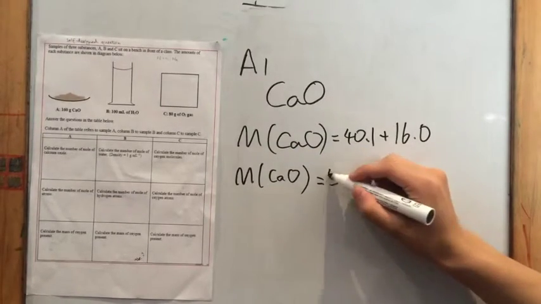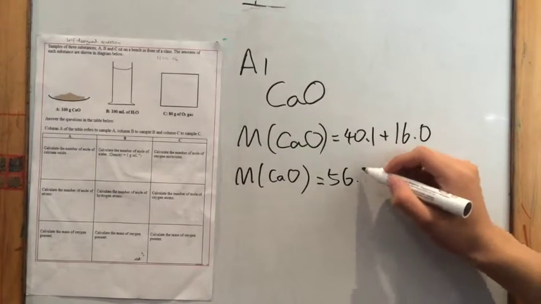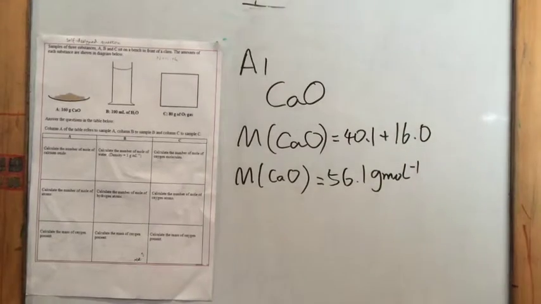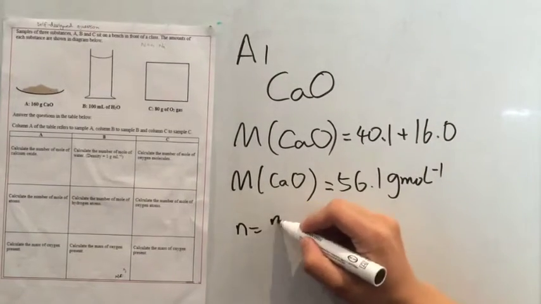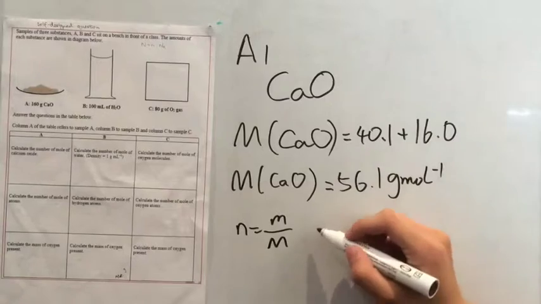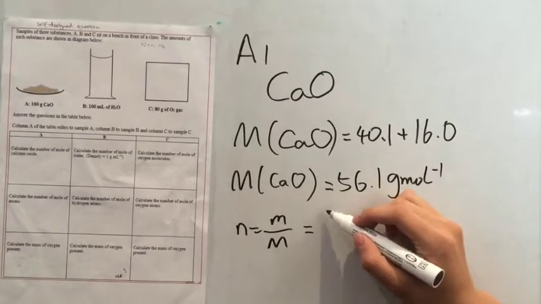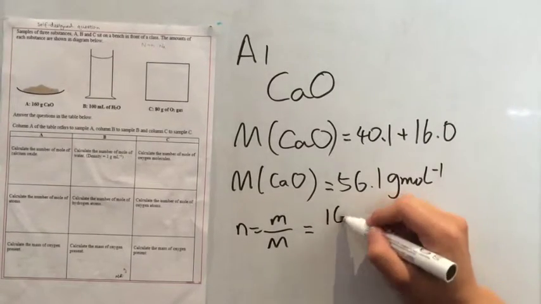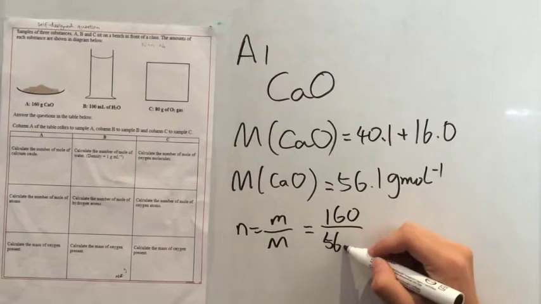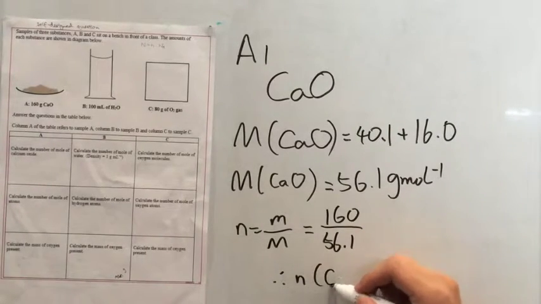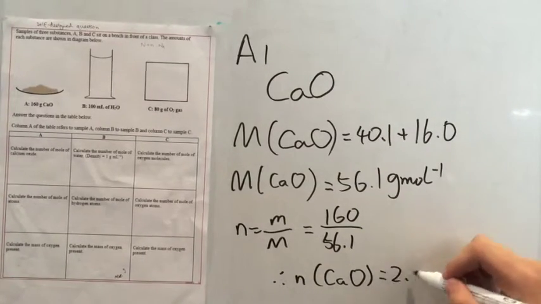Now we know that moles is equal to little m over big M, so n will be equal to 160 divided by 56.1. And if we type this into the calculator, we will get 2.85 moles of calcium oxide.